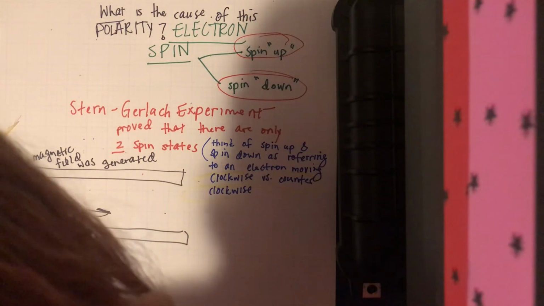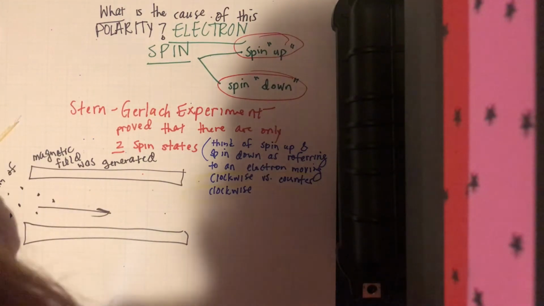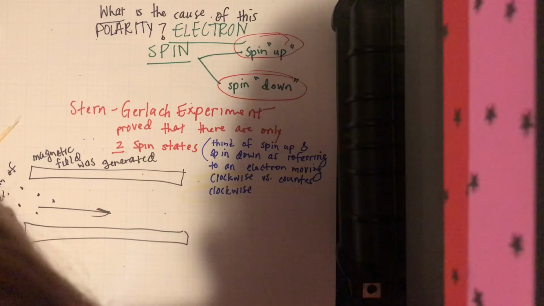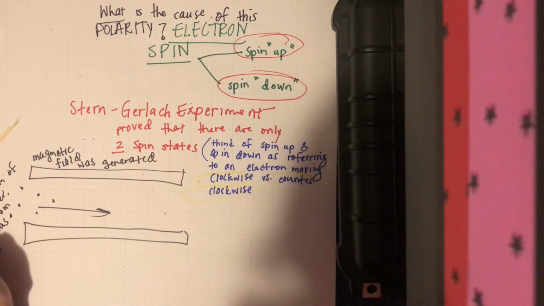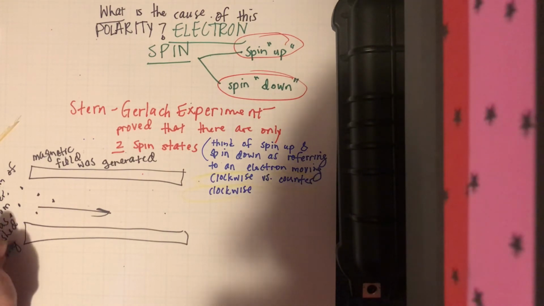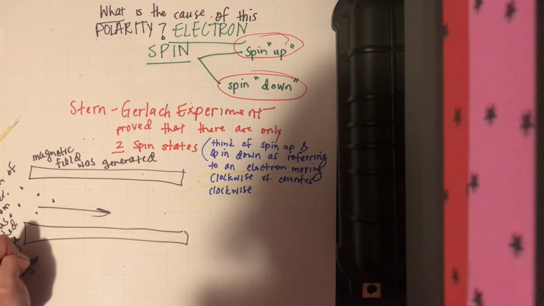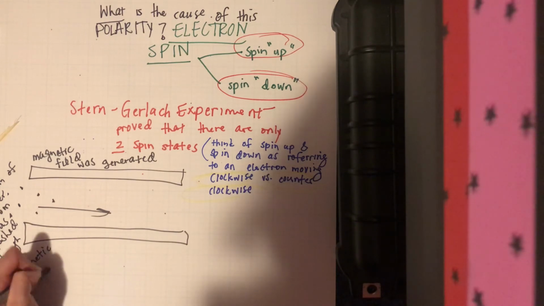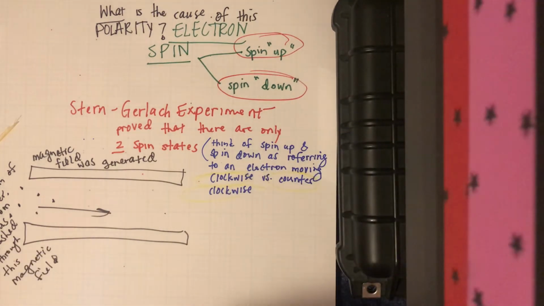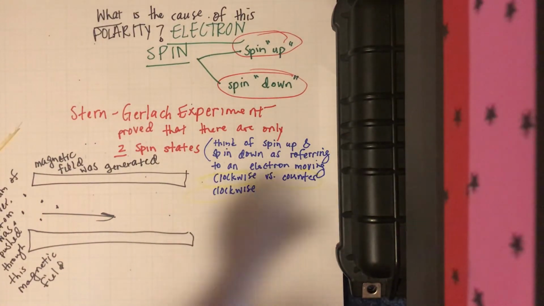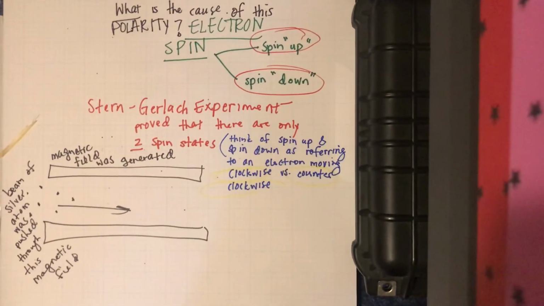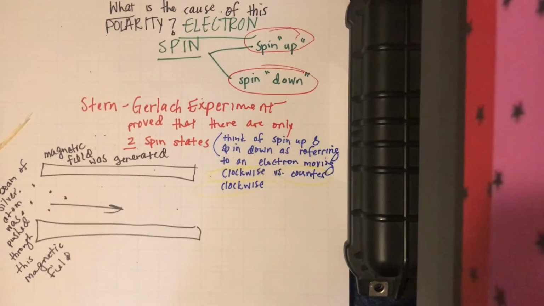So a beam of silver atoms was pushed through this magnetic field.